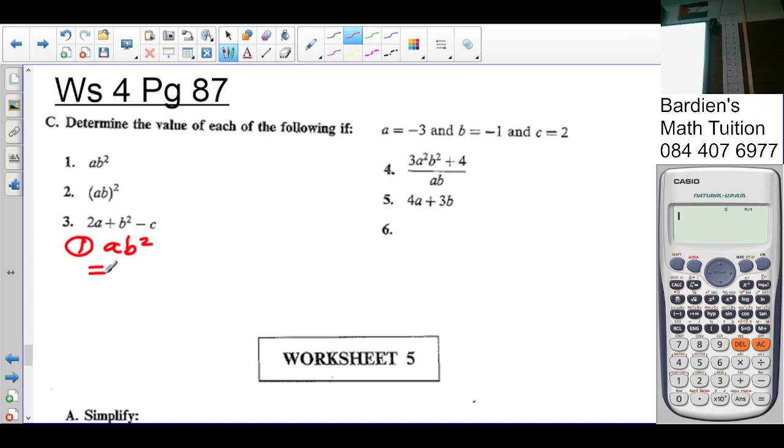So as we know, the value of A is -3, the value of B is -1 squared. So it's -3 times -1 squared is +1, which gives you an answer of -3. You all agree with that? I think I will just give the answers and you can tell me which ones you had a problem with, okay?